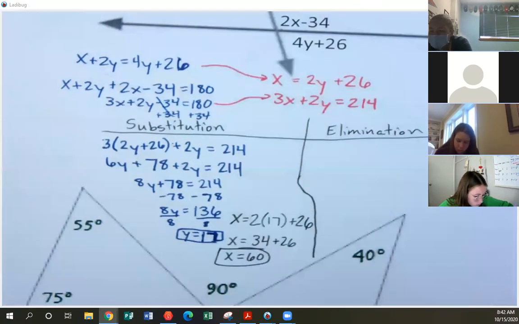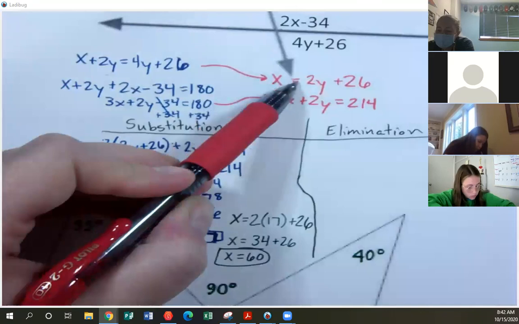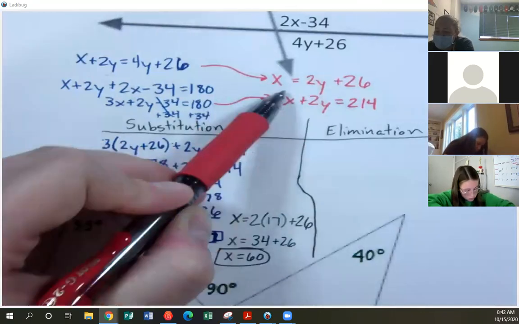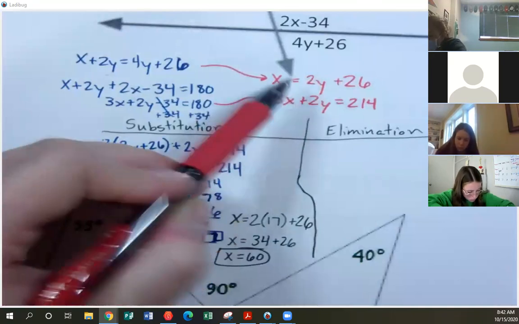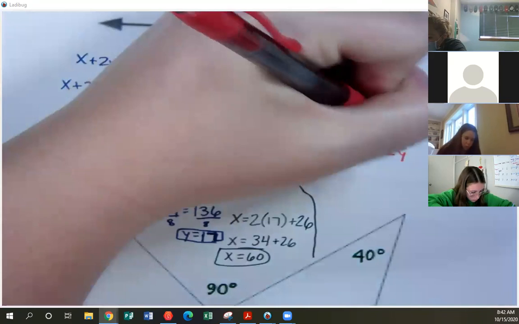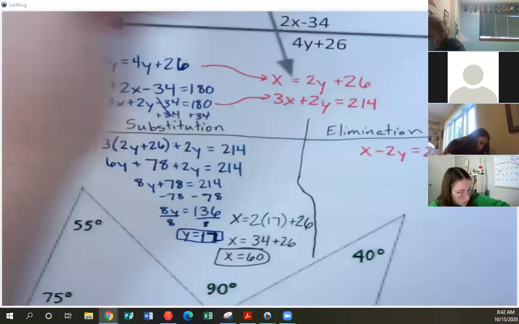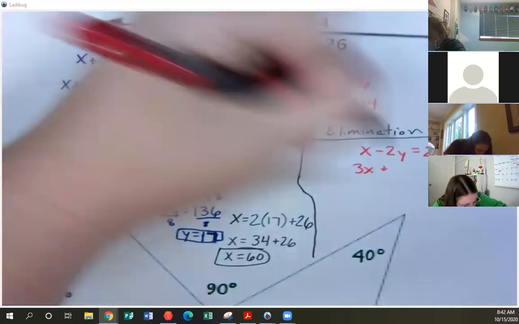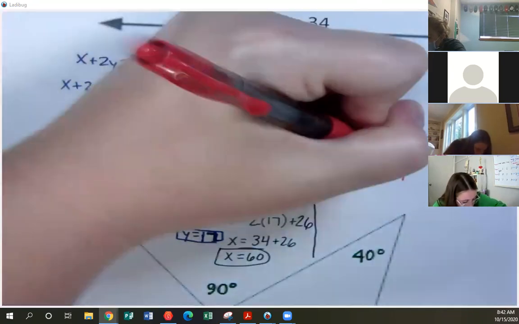Let's look at elimination. What I'm going to do for elimination is make sure all of these pieces match up. So this equal sign needs to be in the same spot as that. So I need to subtract 2y on both sides. And once I do that, x minus 2y equals 26. Now the equal sign will match up. So 3x plus 2y equals 214.